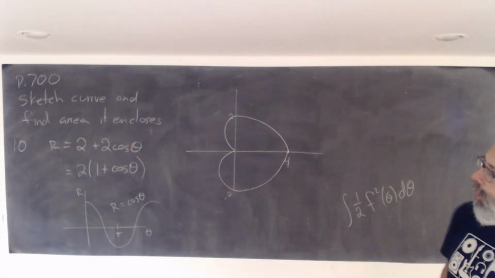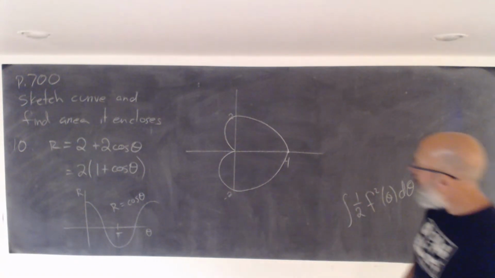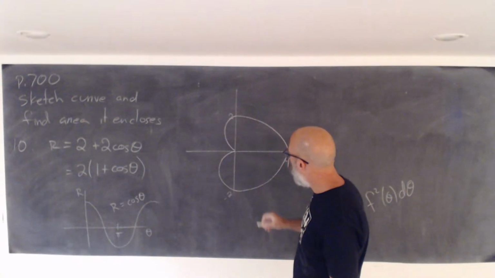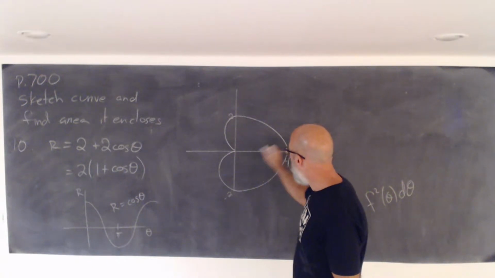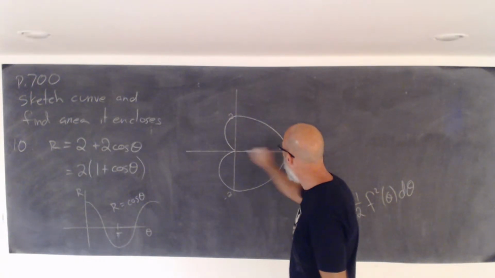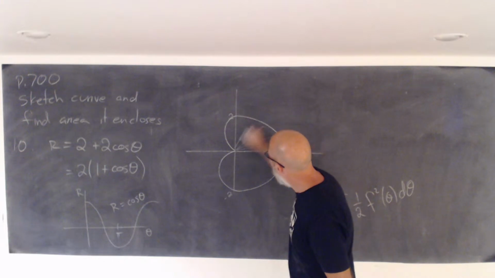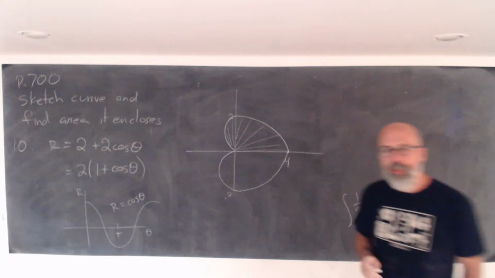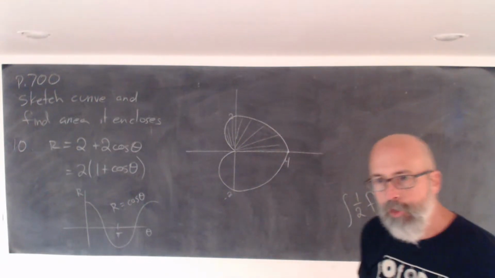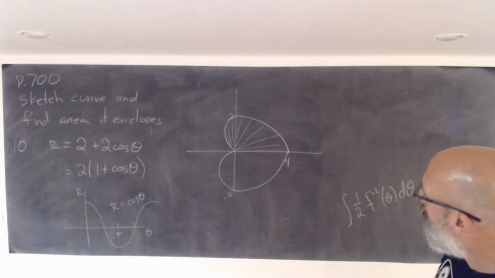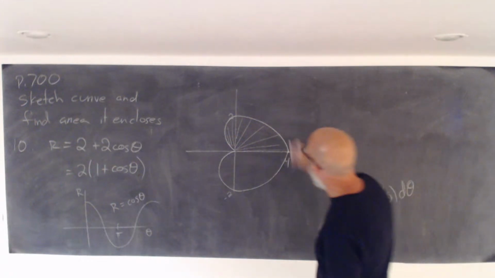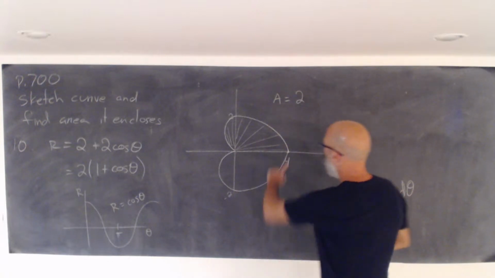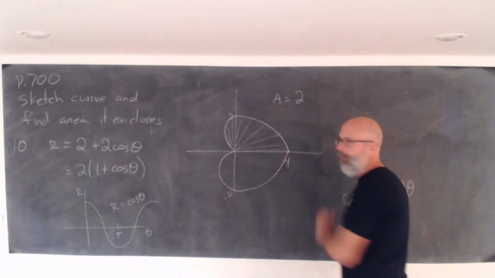So the question we wish to answer is, what is the area enclosed by this curve? So you see what's going to happen, right? Well, first of all, there's obvious symmetry. Maybe we can make use of that. It's nice to do that, the area is going to be twice this top part.